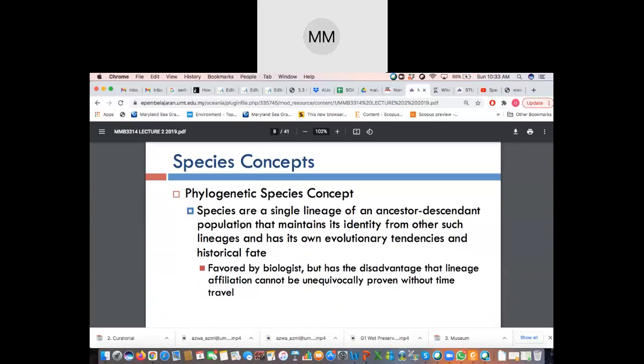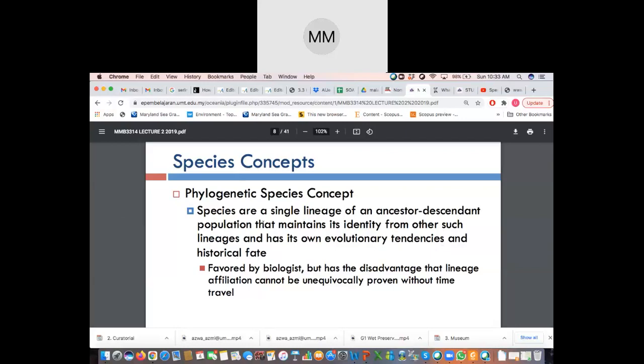You'll be using MEGA software to play around with phylogenetics. For phylogenetics, a species is a single lineage of an ancestor-descendant population that maintains its identity from other such lineages and has its own evolutionary tendencies and historical fate.